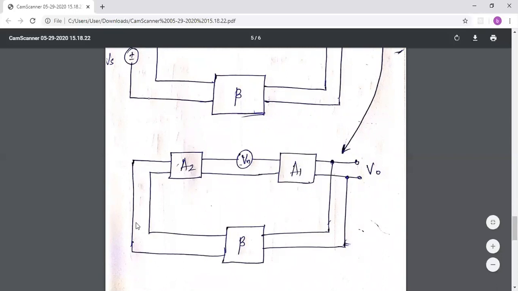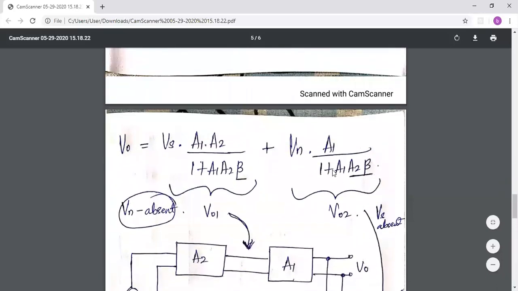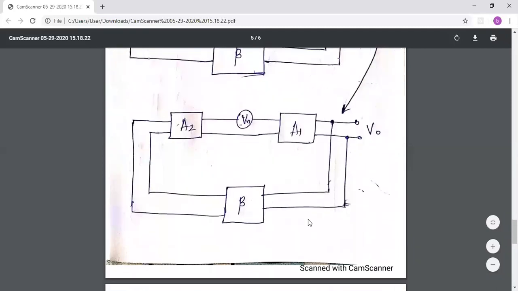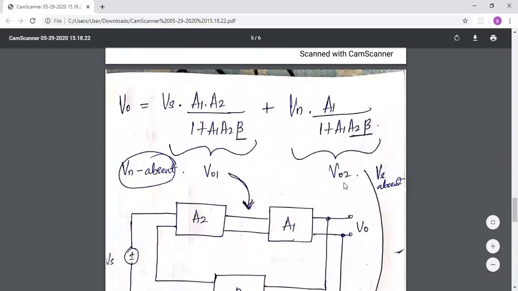So the gain of the feedback path is beta into A2. So in the denominator we'll have 1 plus A1 into the feedback gain, meaning A2 into beta. So it will be Vn into A1 divided by 1 plus A1 A2 beta. Alright, the output voltage when Vs alone is considered, let me term it as V01, and the output voltage when Vn alone is considered, let me term it as V02.